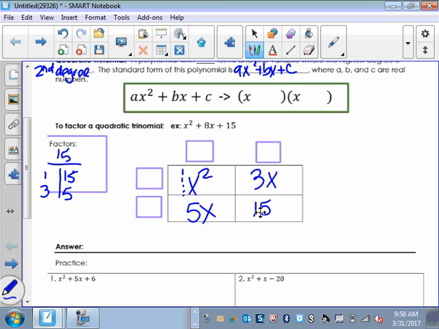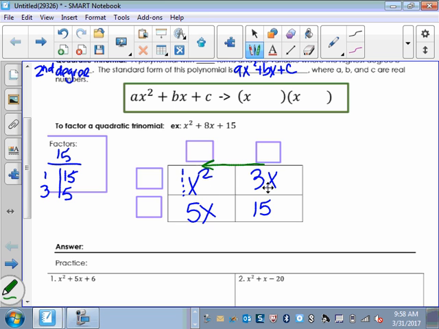Next thing you want to do is fill out these boxes on the side. In order to do that, I'm going to put arrows on here to show you the direction that you want to look at, so I'm going to use a different color. If I look at these boxes horizontally, I need to figure out what is the greatest common factor between x squared and 3x.